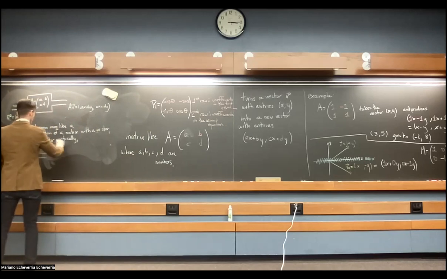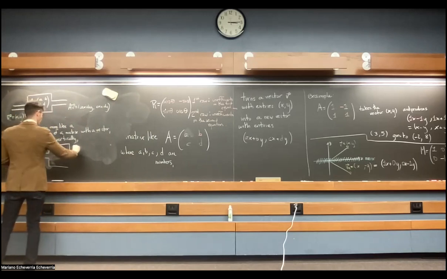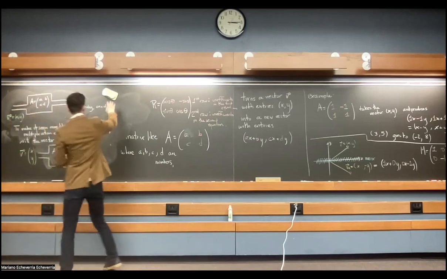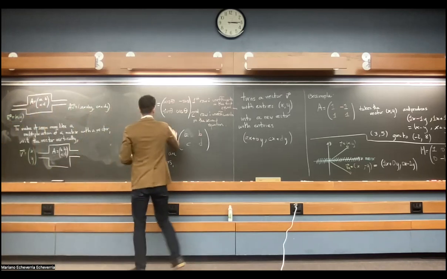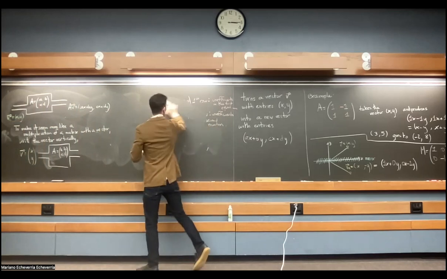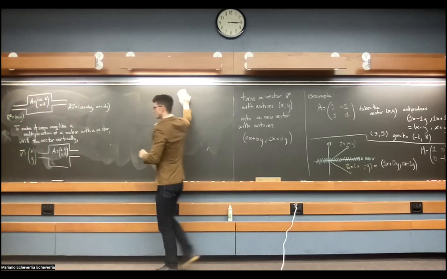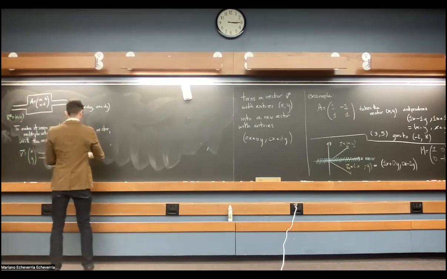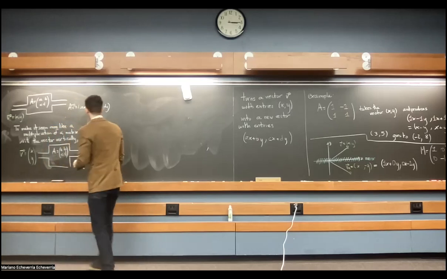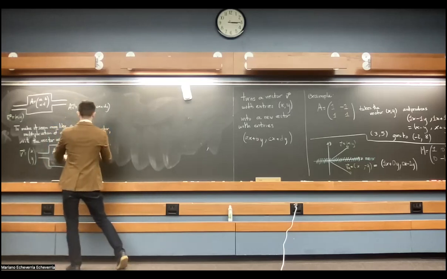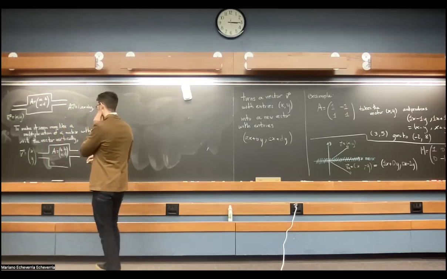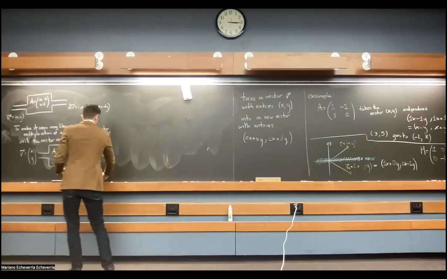And again, you run it through the matrix process, and it spits out this vector that we're calling Av. Now, A is just this thing that I wrote, a, b, c, d, and then the vector is x, y.